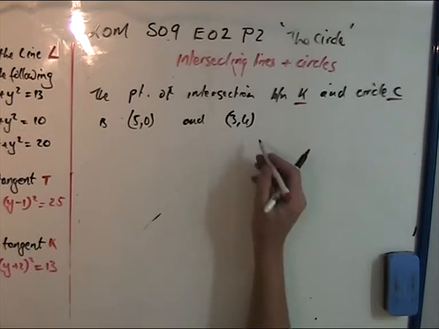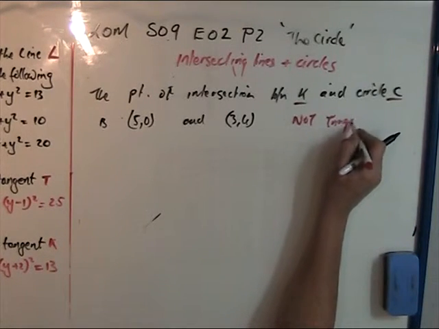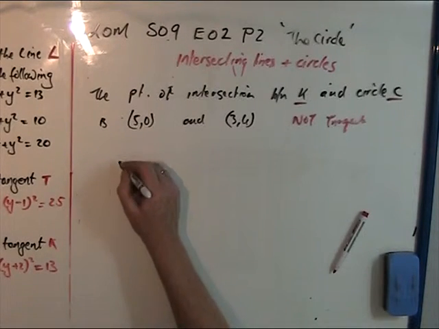So here we go, 2 values again, and it's not a tangent. That's the first thing you can deduce by this. It's a secant.